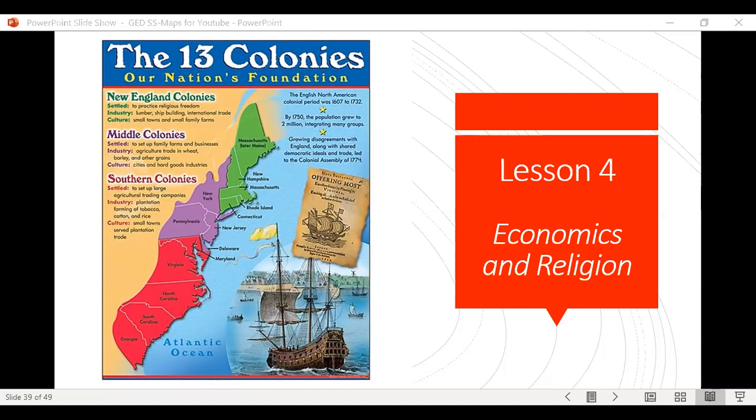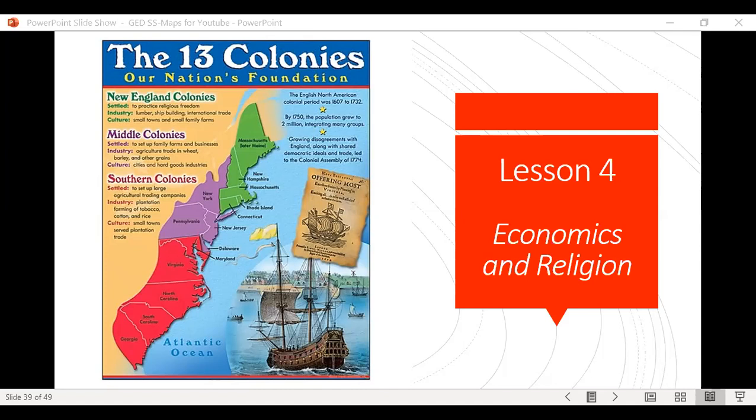But looking at this map, you can see that there were 3 quote-unquote divisions. And I say quote-unquote because they were broken down into that as reasons for why the settlers settled where they did. But anyway, the first part was called the New England Colonies, and they settled to practice religious freedom. Their industry was lumber and shipbuilding because, as you'll see in one of our videos, there wasn't very much adequacy of plant growth, so it was hard for them to grow any kind of crops.